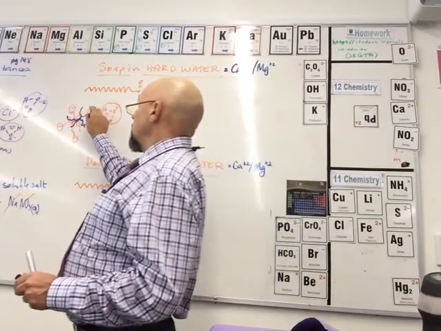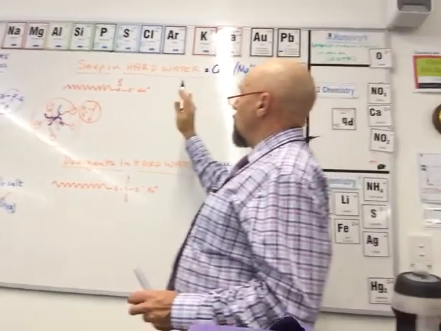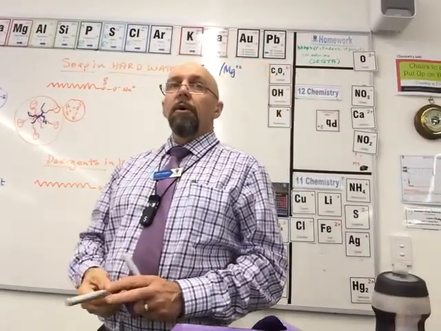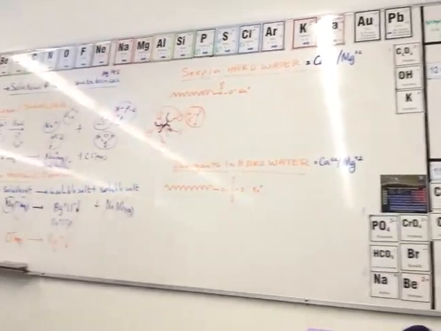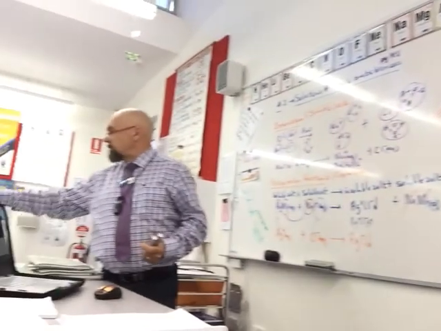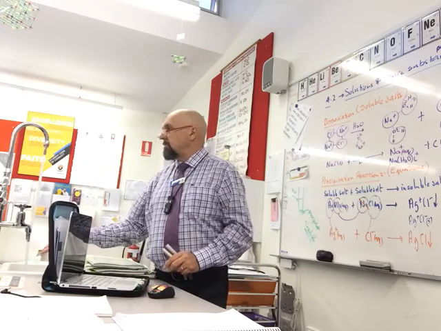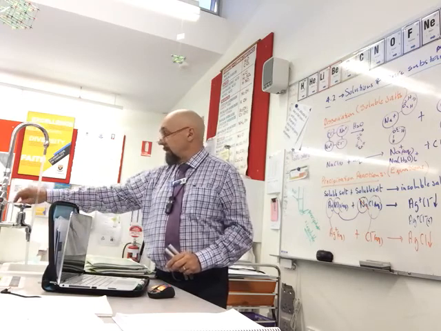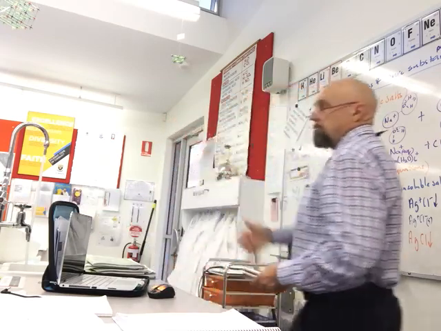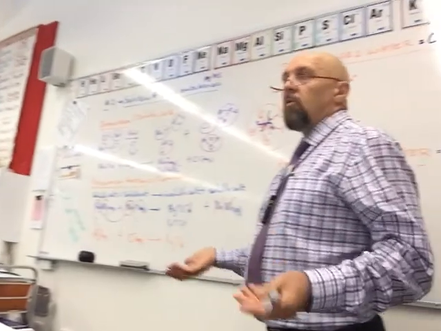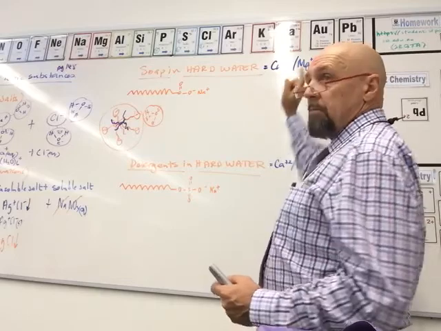Now, you can probably see on the board, okay, is that soap in hard water does not work. Well, you've already asked me what's hard water. Typically, but not so much these days, depending on where your source of water is, the water that comes out of a tap from Adelaide is pretty good. However, if you were to go somewhere north to a dam or reservoir with untreated water, it's going to have high levels of calcium and magnesium in the water.